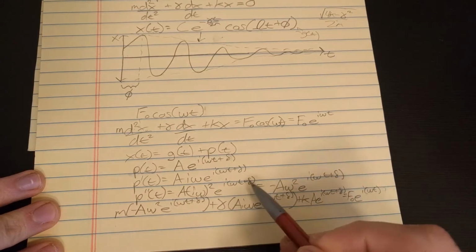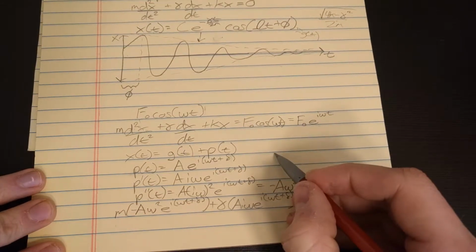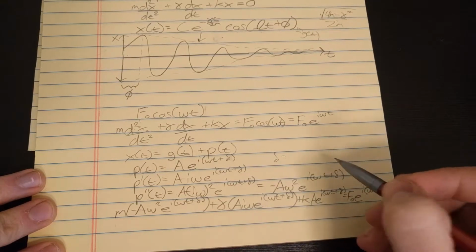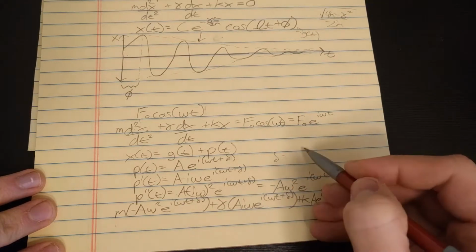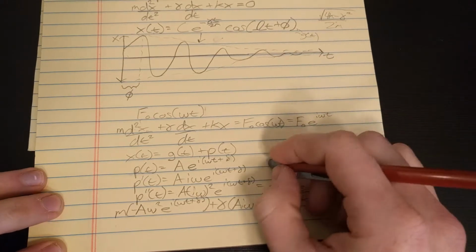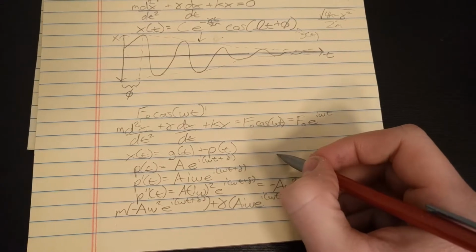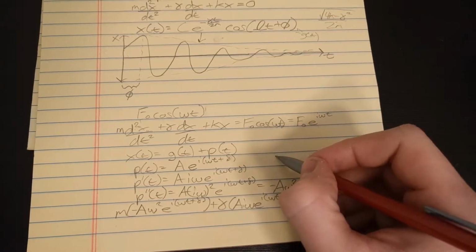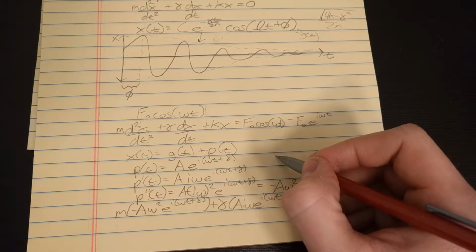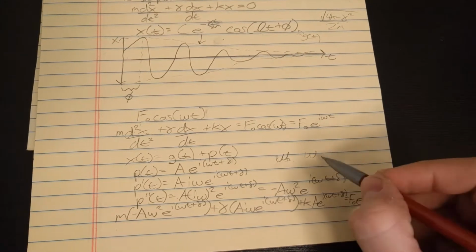I should have mentioned here that our phase factor, delta, is going to end up being the difference in phases between, I don't know how to write that mathematically, but it'd be the difference in phase between the natural frequency for the system, omega naught, and our applied frequency to the system.